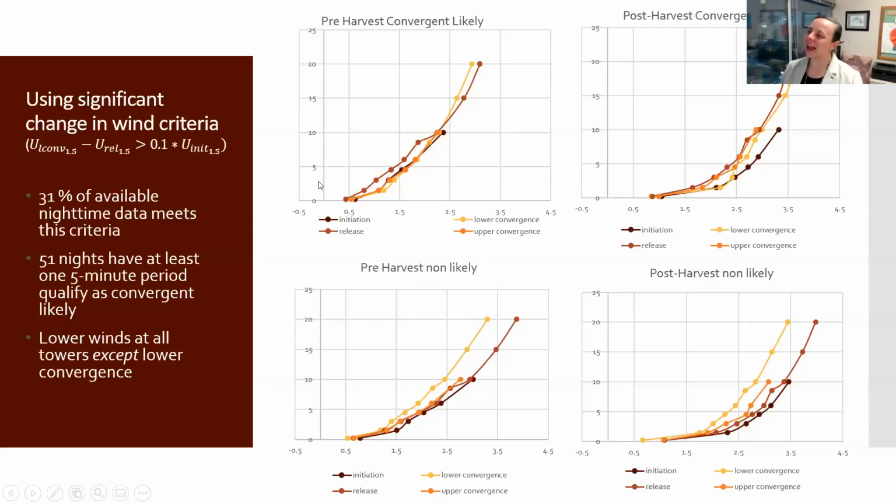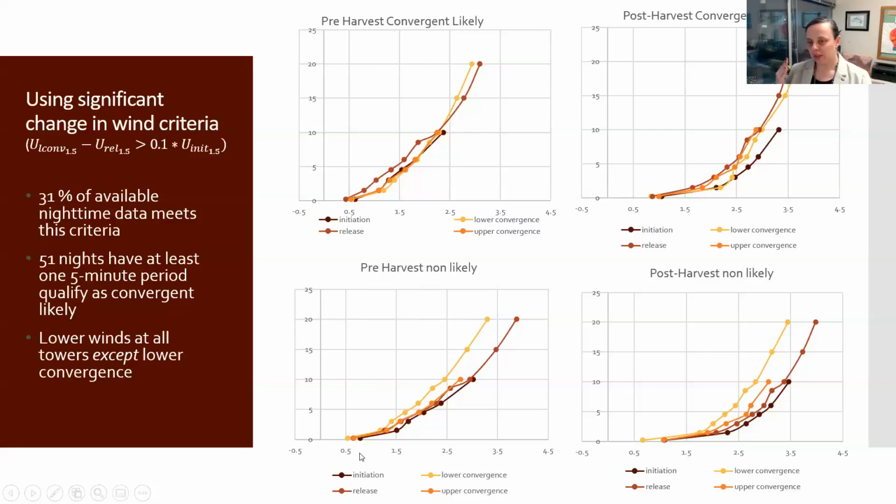So looking at the pre-harvest time period, these are average wind speeds, average profiles of winds at each tower, for all of the conditions that were flagged as convergent likely based on this wind criteria. And these are all of the ones that would be normal or not convergent likely.